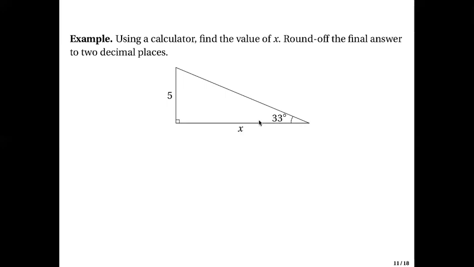Now, look at this. You have the angle, you have the opposite side, and you have the adjacent side. So you have the opposite and the adjacent. We can use tangent of the given angle. Remember? Sohcahtoa.